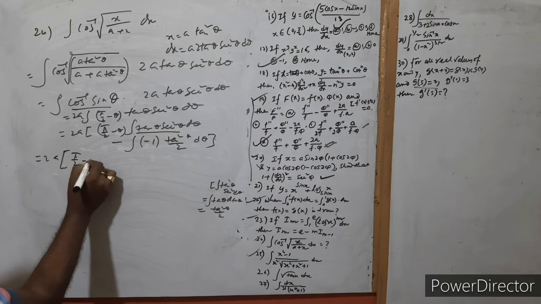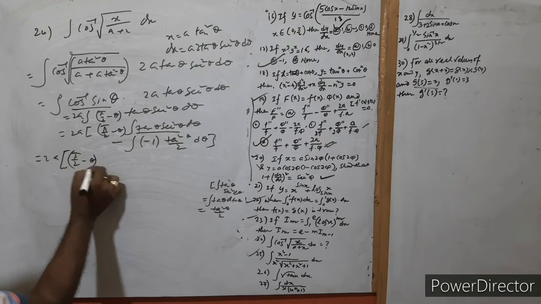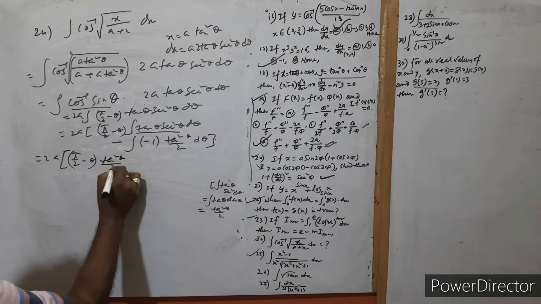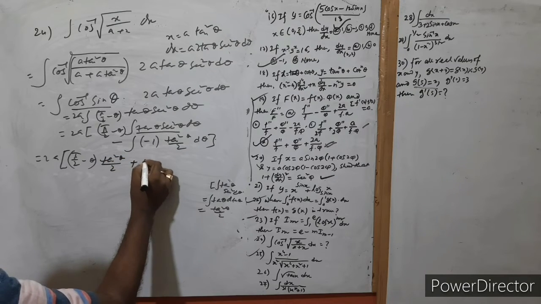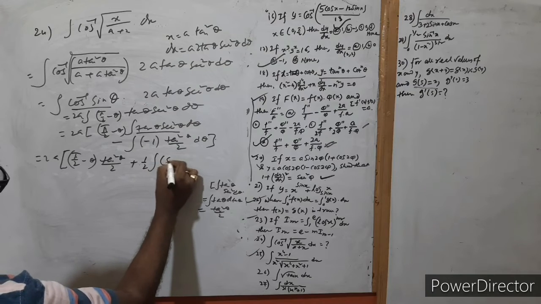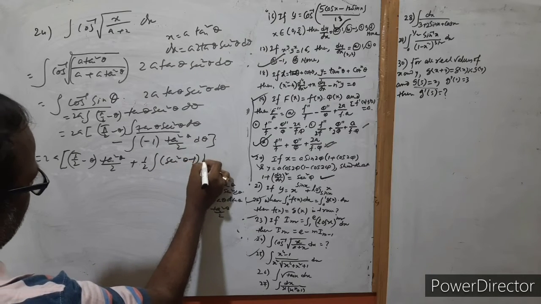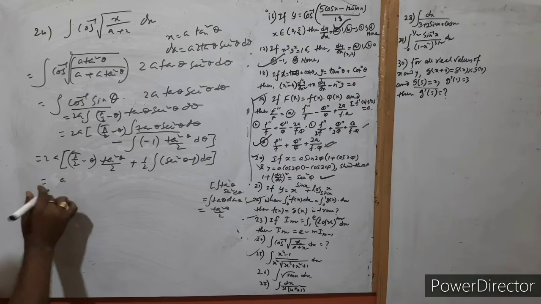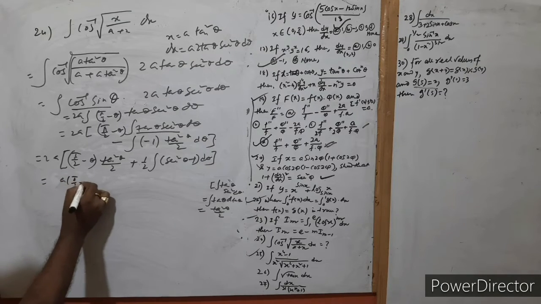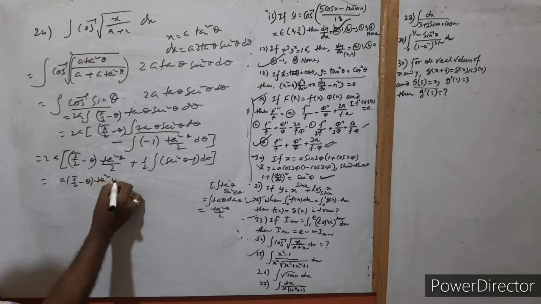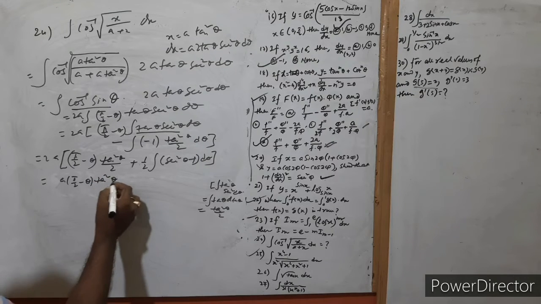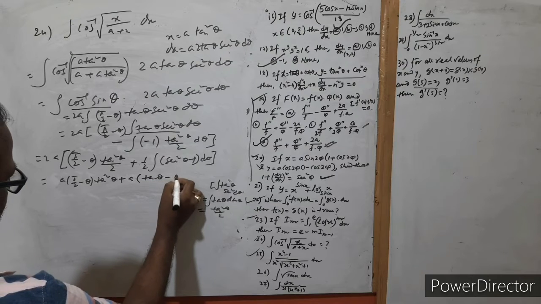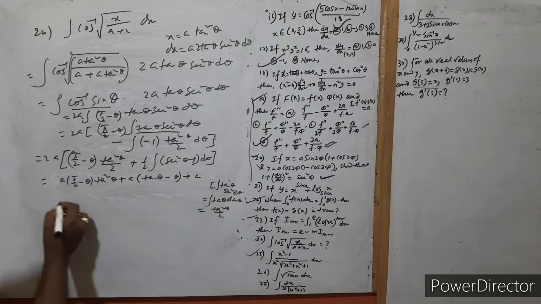Apply the rules here, twice minus this, and this is actually tan square θ by 2 minus minus plus, this is half here, and this is here sec square θ minus 1 dθ. Now twice a, and 2 are cancelled, this is π/2 minus θ, and this is tan square θ, and this is here a, and this is tan θ minus θ plus c.